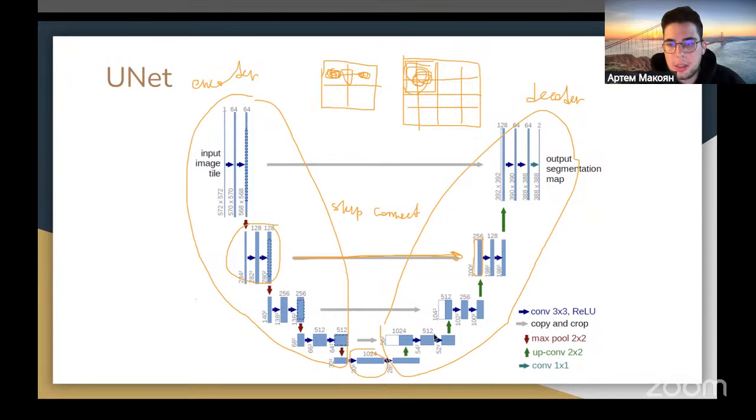Here again 16. You can use skip connection 16 with 16, then 32, and so on. Sorry, maybe I chose a bad picture, but it's the idea. Even if you have different sizes, you can always use some convolution before the skip connection to make the sizes, for example, the same.